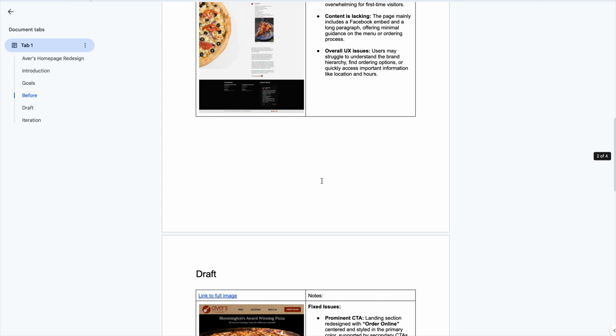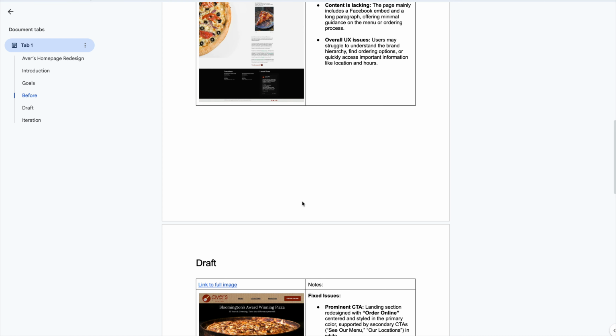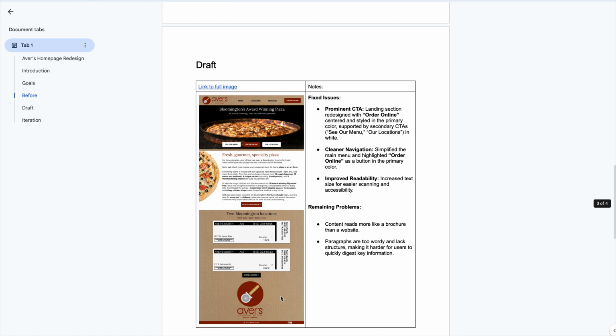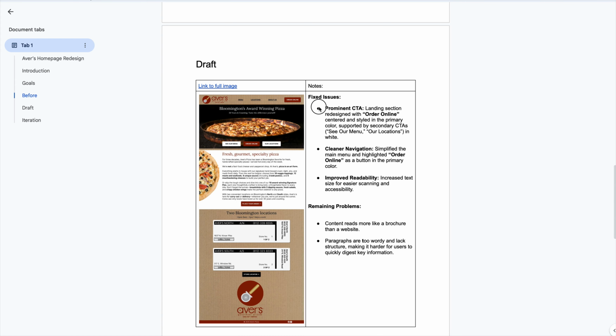And then as you continue forward, you then make this next leap into more of a finished product. And this shows some of the issues that you fixed. I like this, that it at least gives you some things that you went forward with, but you also said, hey, this right here, there's some remaining problems to be solved.